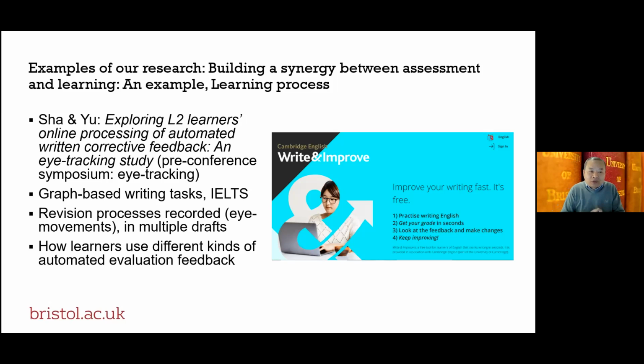So the students were asked to write on the IELTS Academic Writing Task 1, the graph-based writing task. And then they can upload their drafts multiple times, and the system will provide automatically generated feedback to students. We want to know to what extent the students actually use this information generated by the computer system. Again, it's an eye tracking study.